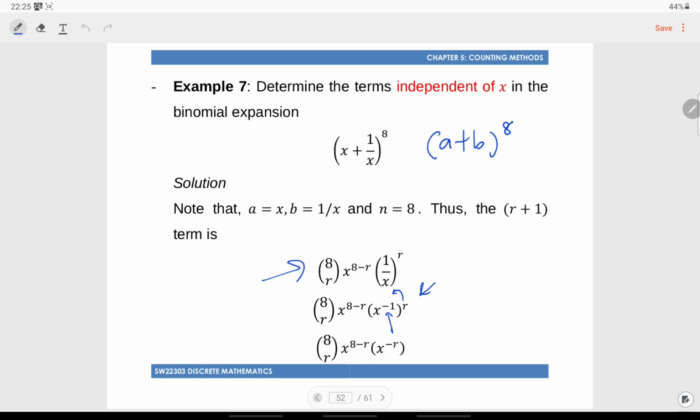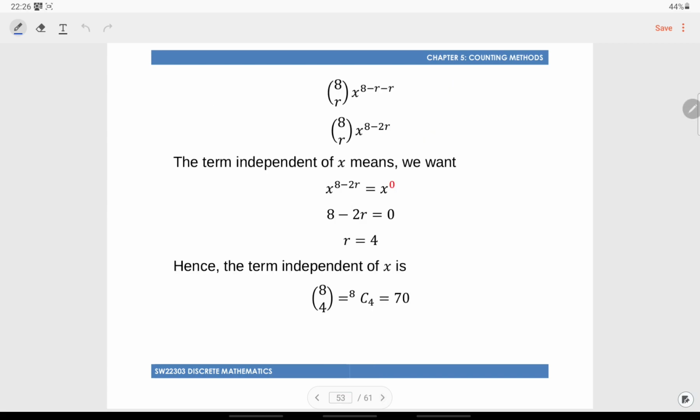Because we have the same base x, using the exponential law we can combine them together. Since the operation is multiplication, we add the exponents. It becomes 8 minus r, which can be simplified as x to the power of 8 minus 2r.